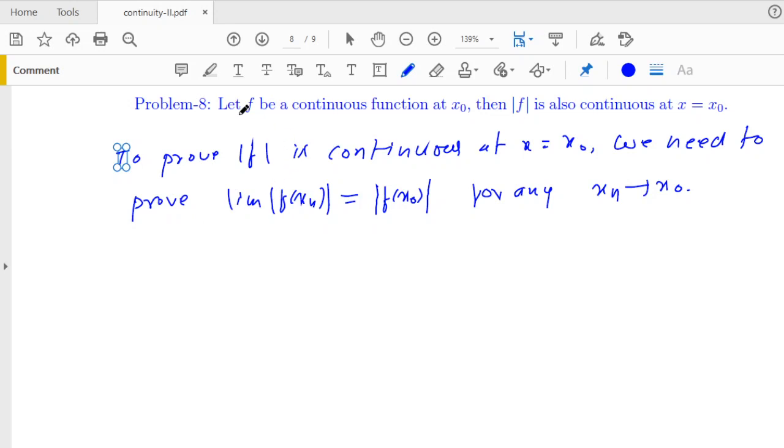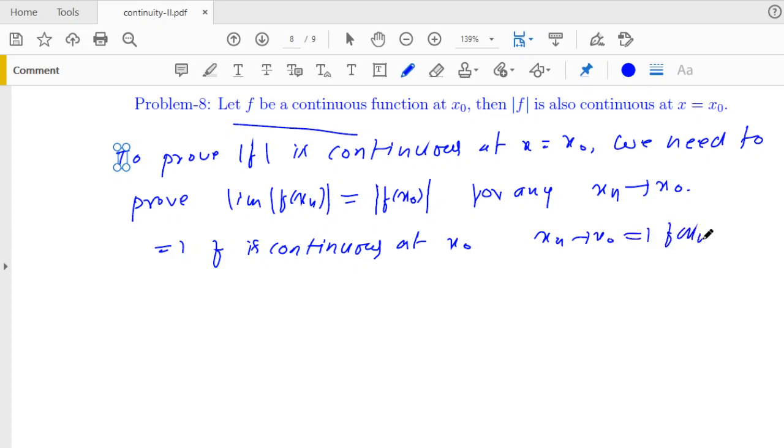Given that f is continuous at x naught, by definition, for any sequence xn converging to x naught, f of xn converges to f of x naught.